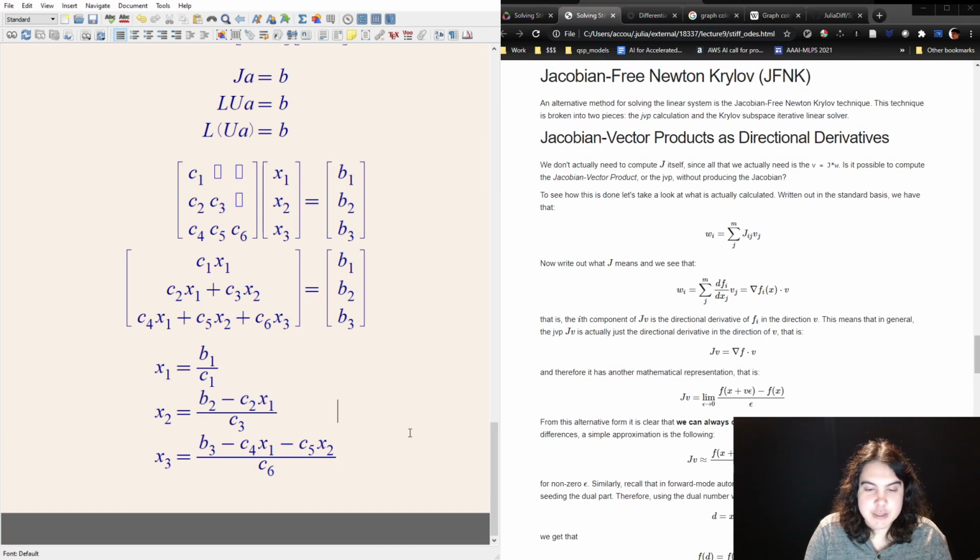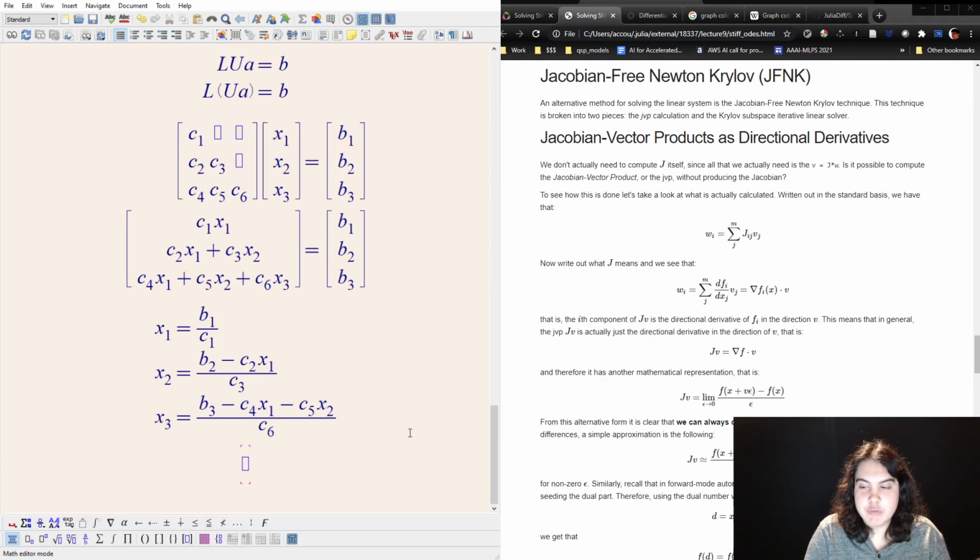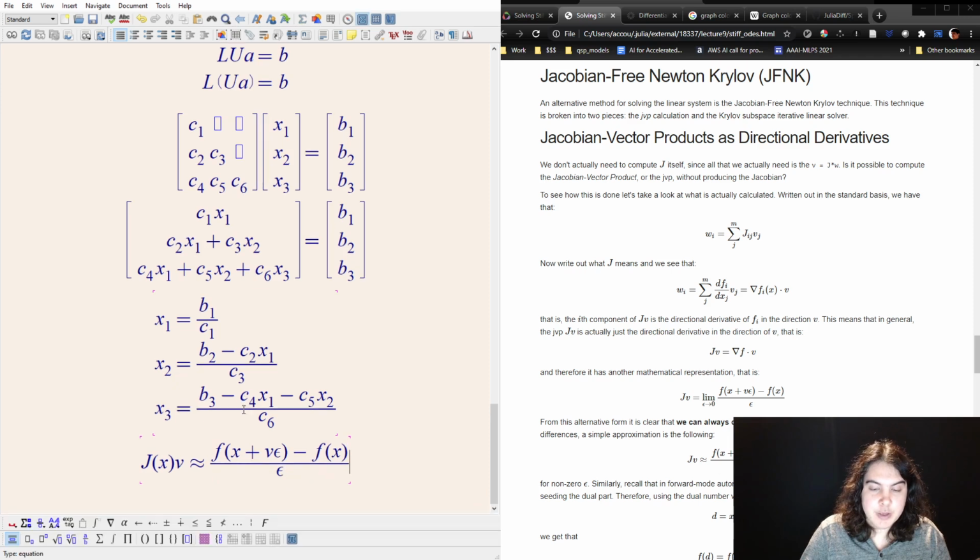We didn't go over this last time, how to do this with finite differencing, but the Jacobian at x times a vector v is approximately equal to (f(x + v epsilon) - f(x)) / epsilon, because Jacobian vector products are just another representation of the directional derivative, right?